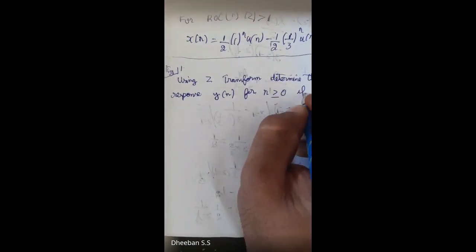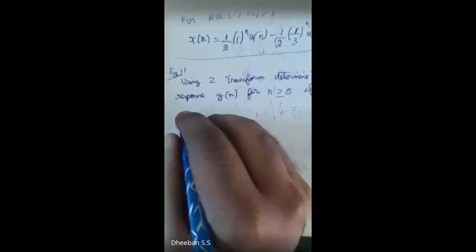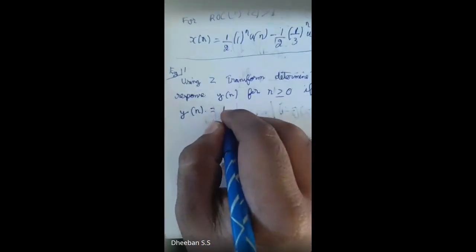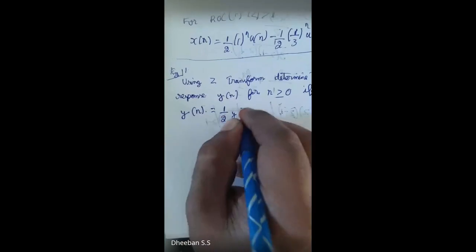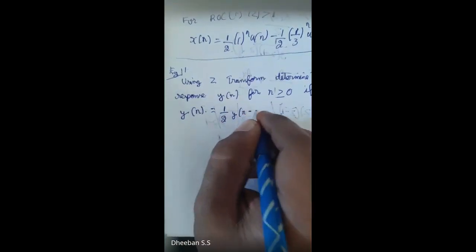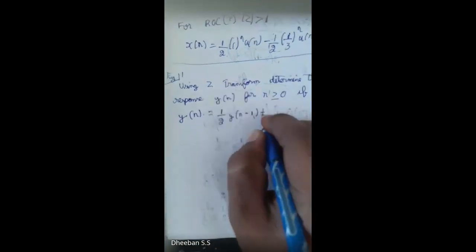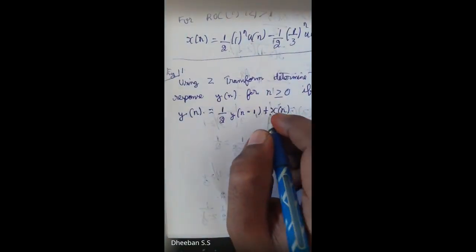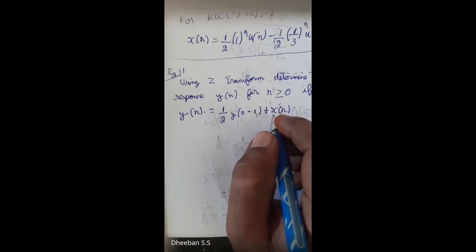If y of n, so they are giving the signal y of n as 1 by 2 y of n minus 1 plus x of n. So this is the one signal.